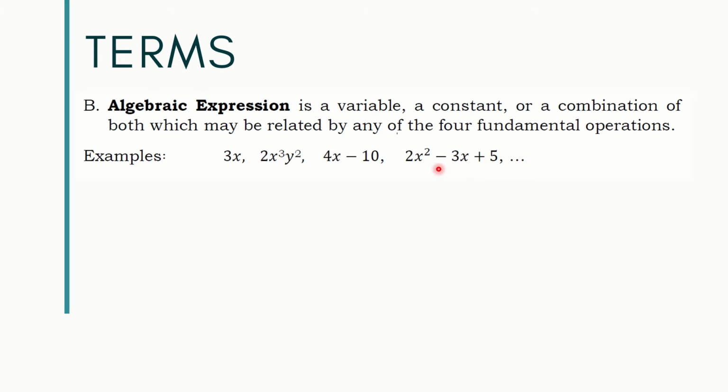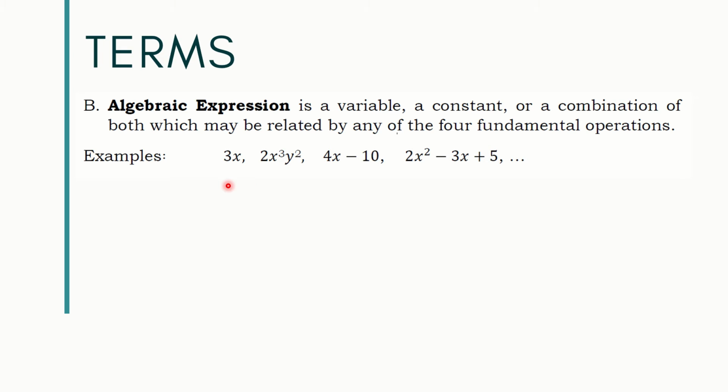This is also an example of an algebraic expression because this is our first term, 2x squared, and the terms are connected by the four fundamental operations like subtraction. We have here 3x, which has a numerical coefficient 3 and our variable x. And 5 is what we call our constant.